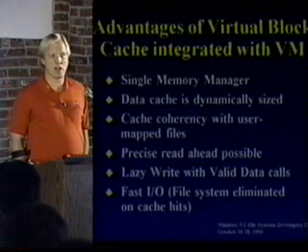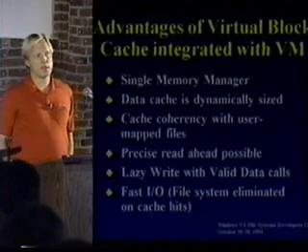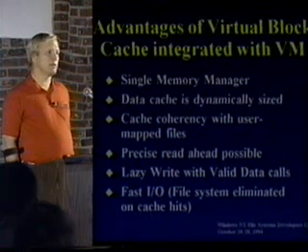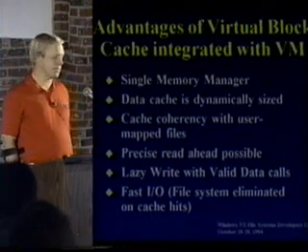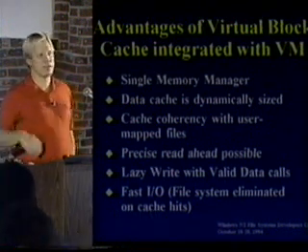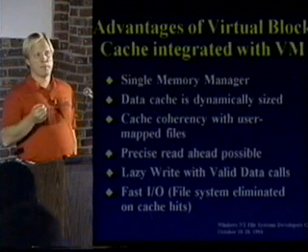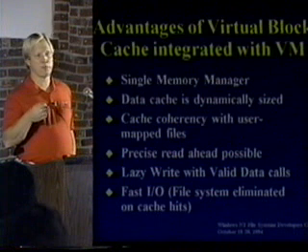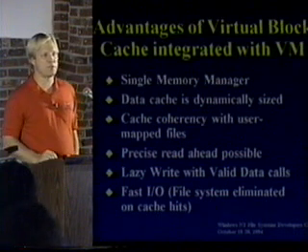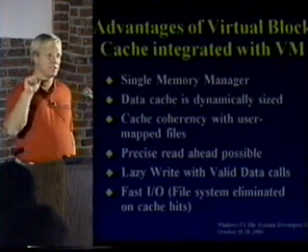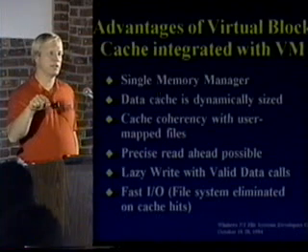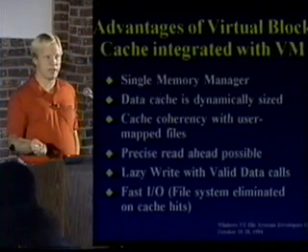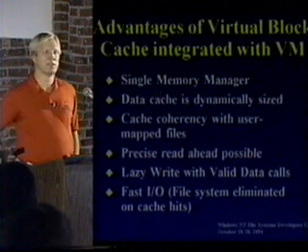Another advantage is that we automatically get cache coherency between cached file access and memory mappers of files. And that's because when a user maps a file and references a page of that file through whatever virtual address he's mapped it to, he actually is accessing the very same physical page that the cache manager is also accessing when it's reading or writing to that file through the cache.